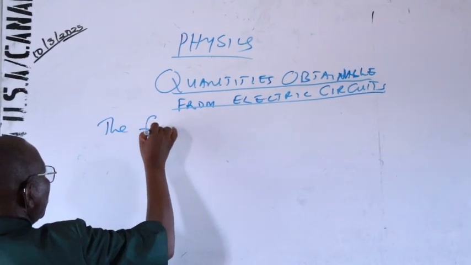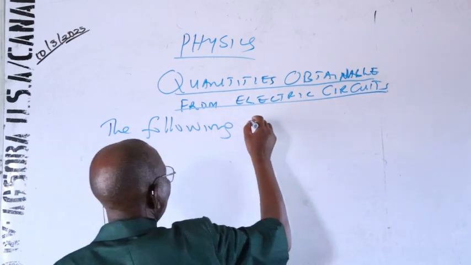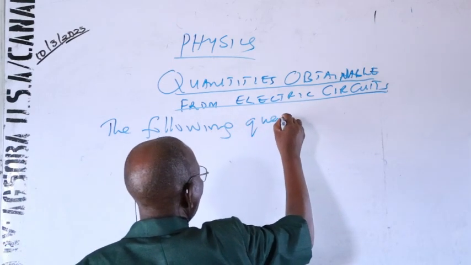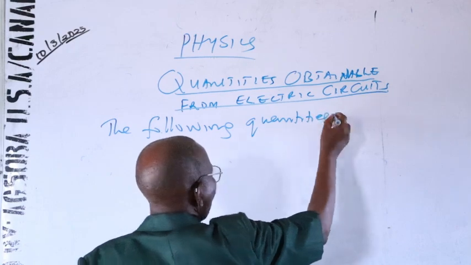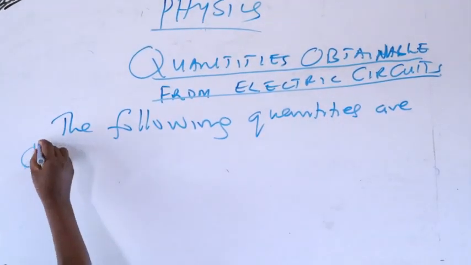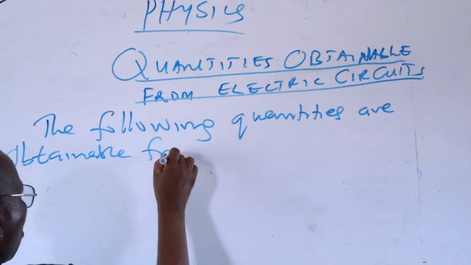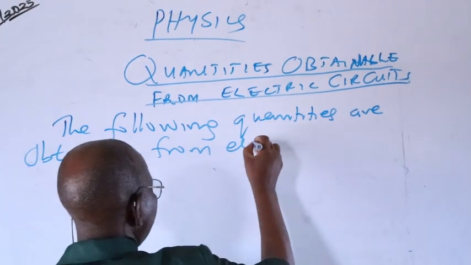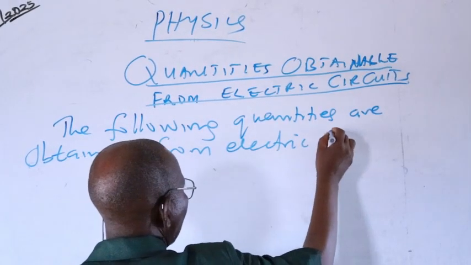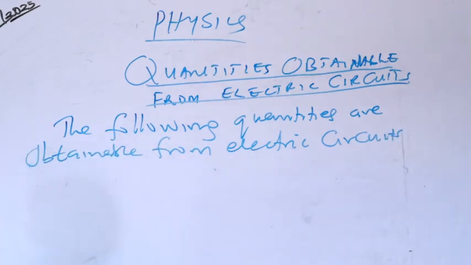The following quantities are obtainable from electric circuits. 1.